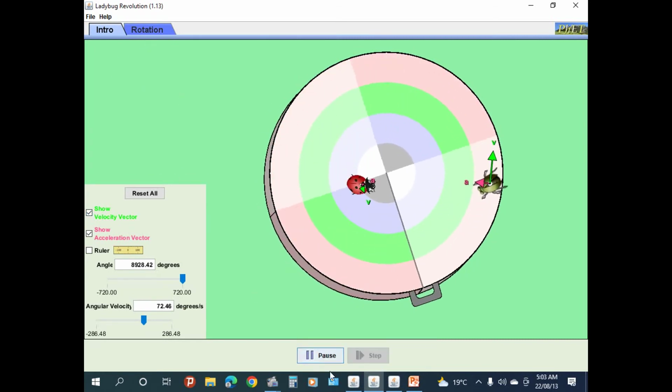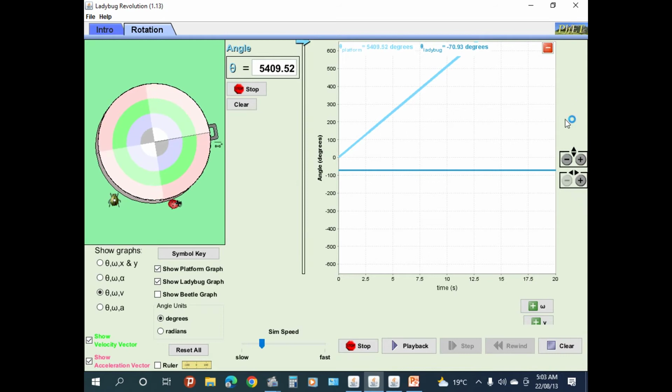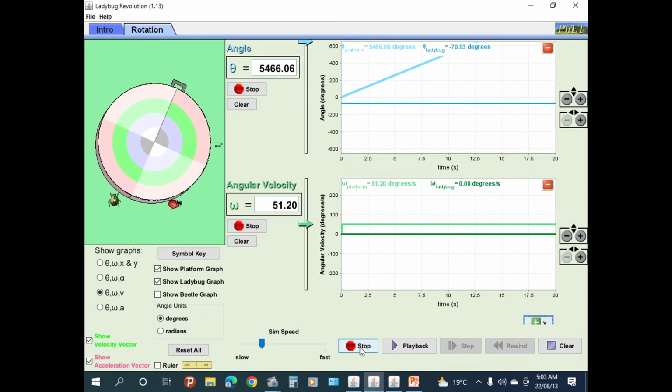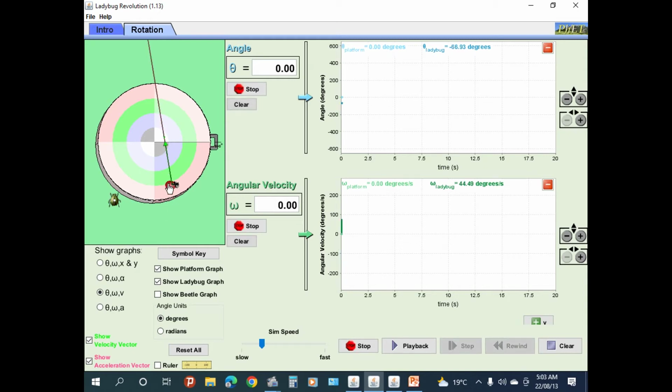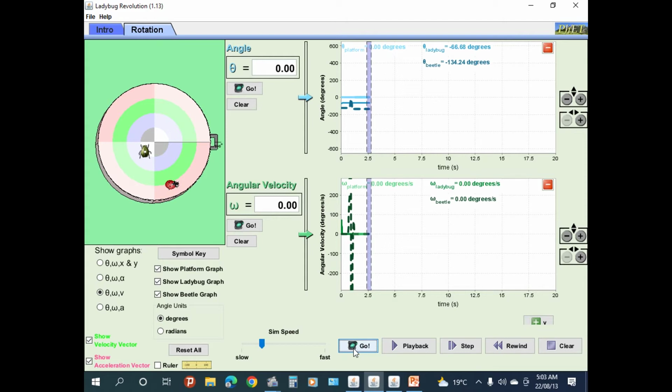Again, taking the angular velocity of 57.3 degrees per second, the starting angle is 0 for both ladybugs.